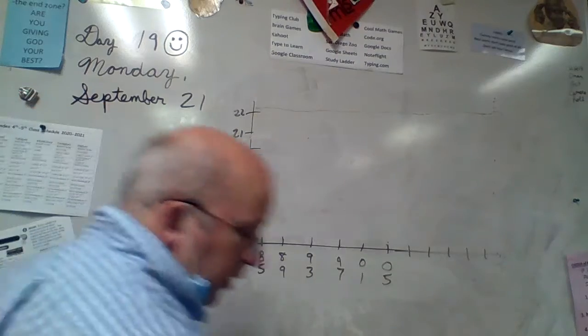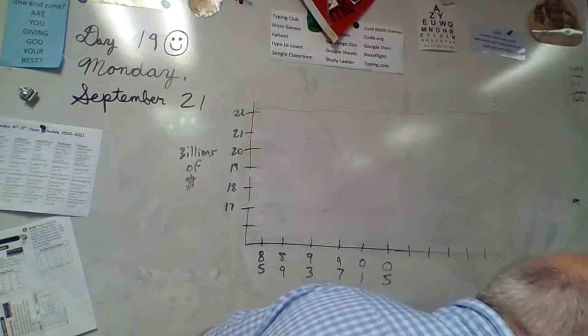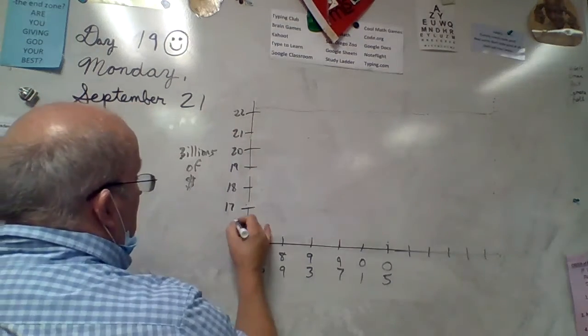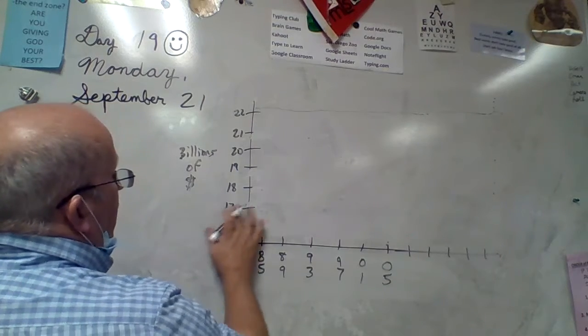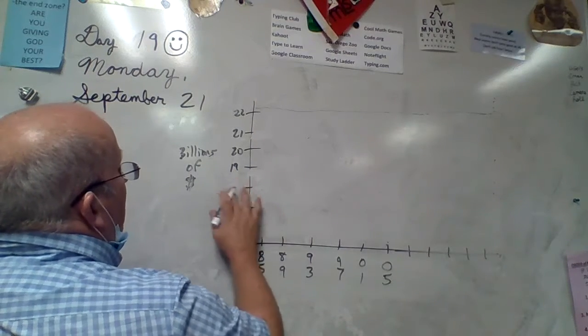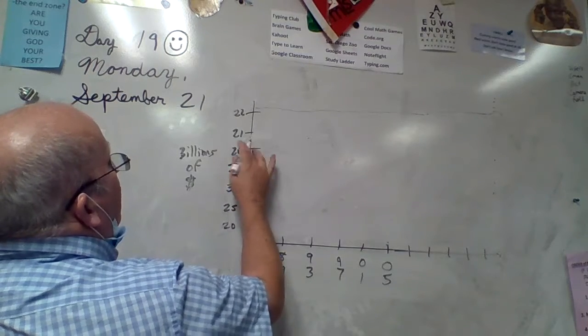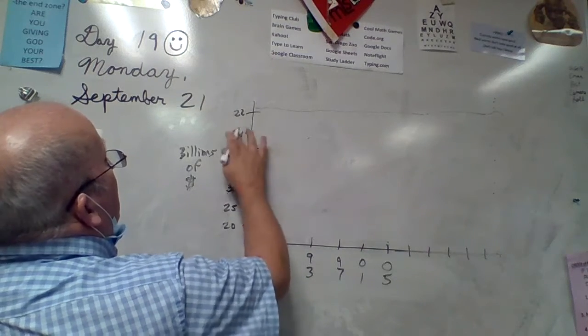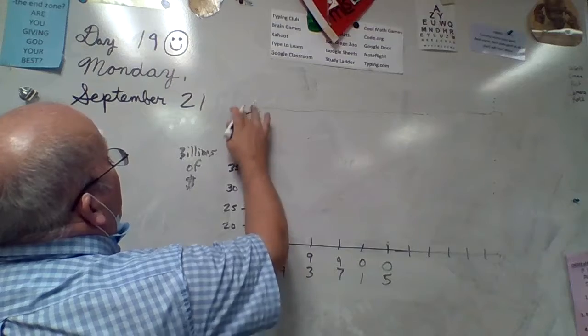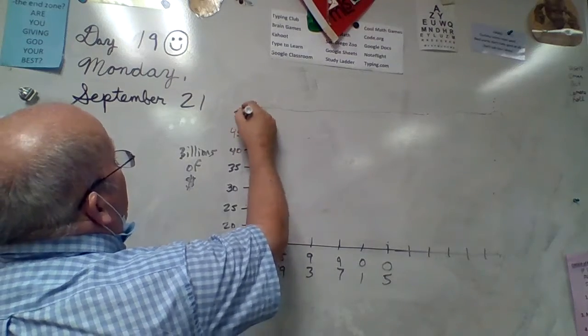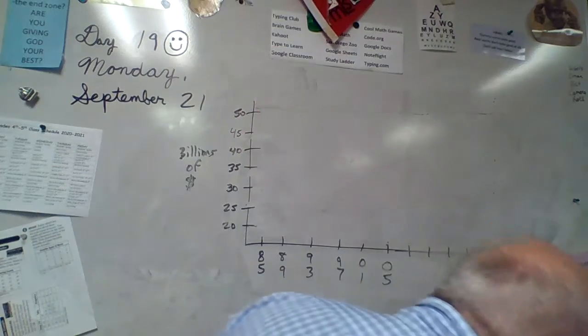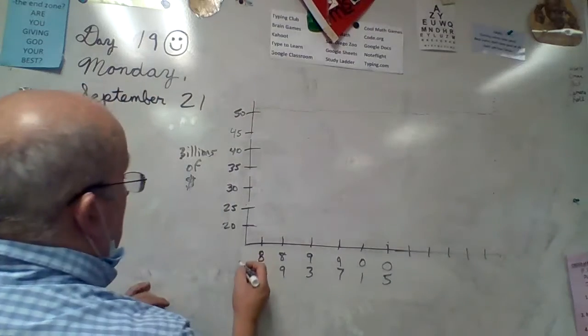Okay, and the salary was anywhere from 23 to 44. So how would I do that? Well, maybe we'll put 20, 25, 30, 35, 40, 45, and 50.